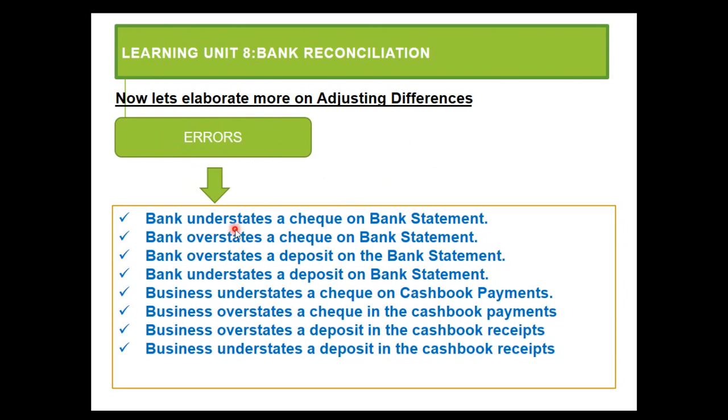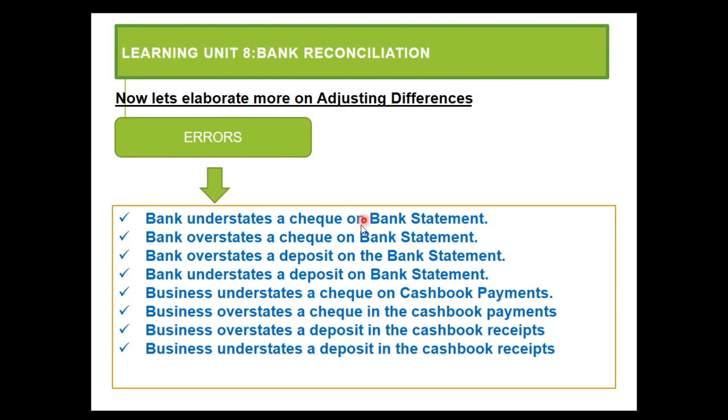In other words, the bank made the error. Can you see its bank statement? The bank make the error here. So can you see overstate? The bank overstate. So can you see wherever there's a bank, we always record in the what? Bank reconciliation statement. So in other words, this information will reflect on the bank statement.